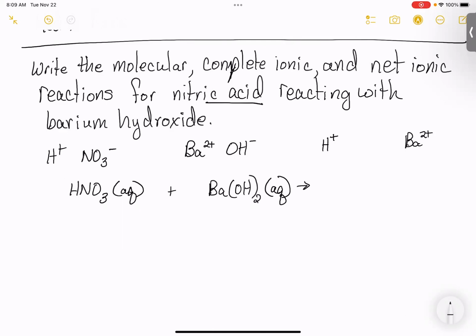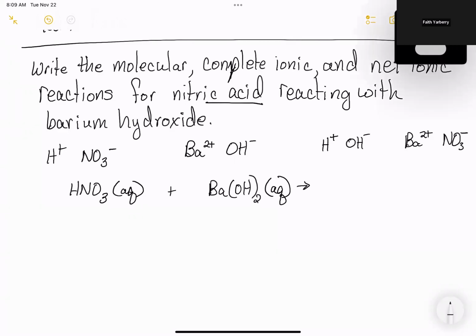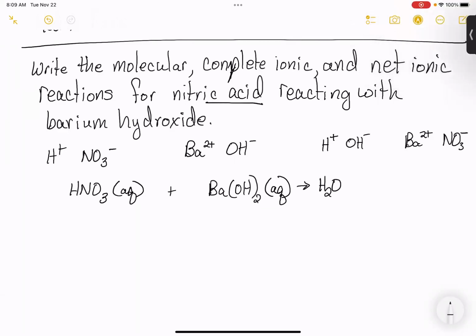So our H plus is going to wind up connected to the OH minus, and the Ba2 plus is going to wind up connected to the NO3 minus. H plus plus OH minus goes to form water. The state of matter of water is always going to be in the form of a liquid.